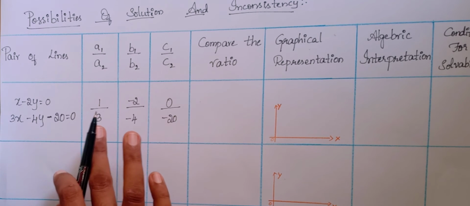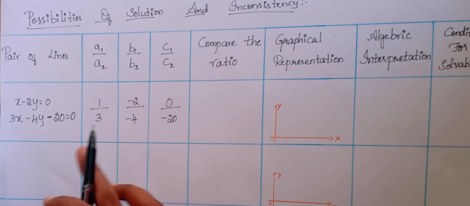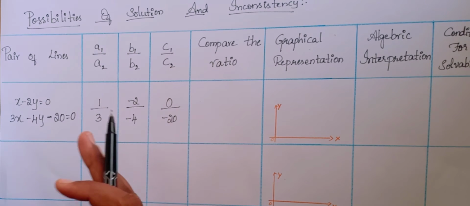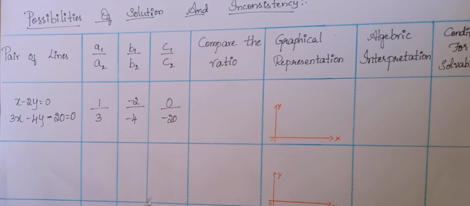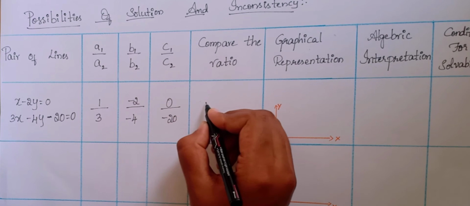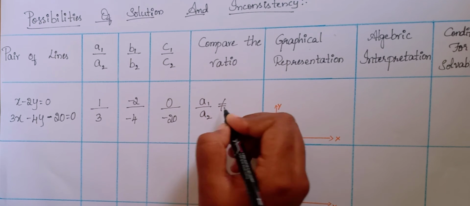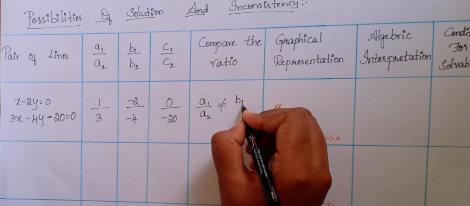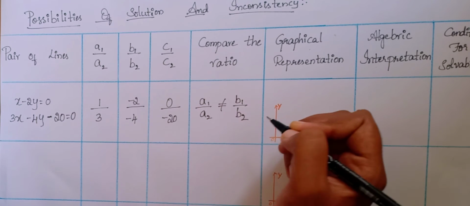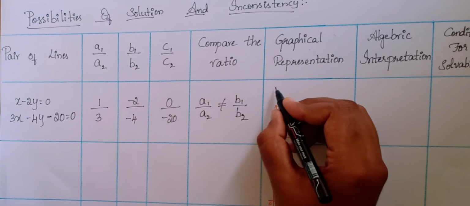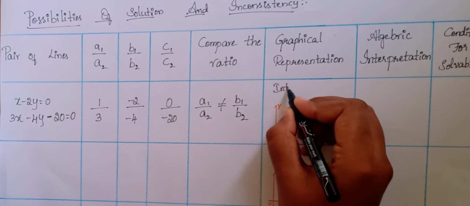So A1 by A2 is not equal to B1 by B2, and B1 by B2 is also not equal to C1 by C2. Based on this we can write A1 by A2 is not equal to B1 by B2. Therefore we get intersecting lines.